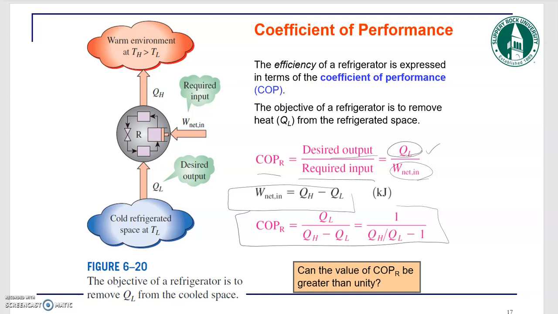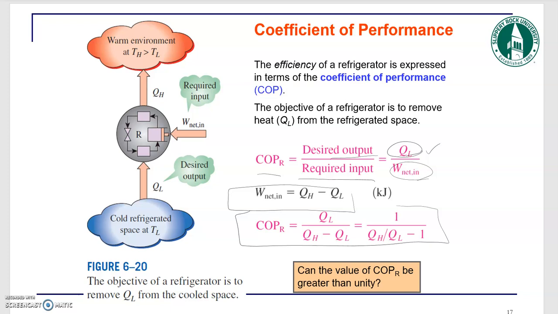Now, we mentioned that the COPR could be greater than 1. The reason is that the denominator of this equation could be less than 1, right? And then 1 over a number less than 1 is, of course, higher than 1. So for the refrigeration process, as opposed to what we had in heat engines, QH could be smaller than QL.